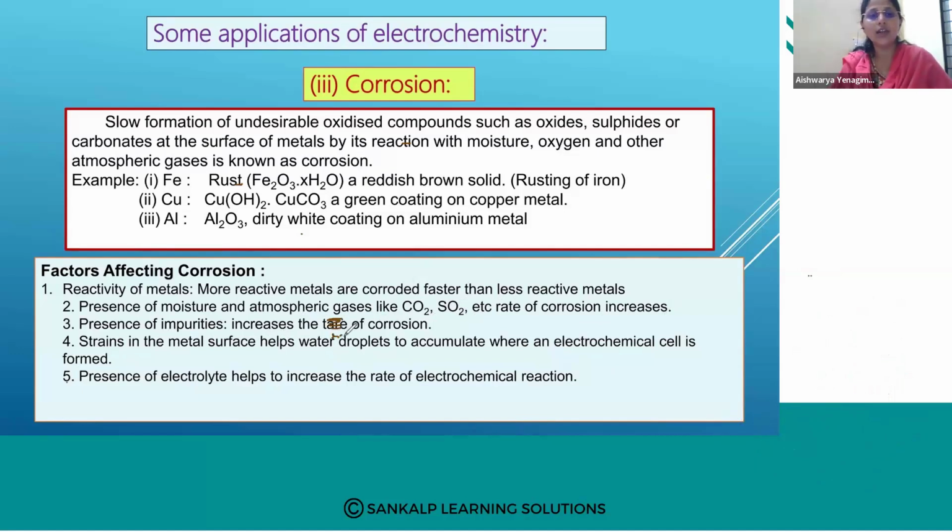Presence of impurities increases the rate of corrosion. Okay. Strains in the metal surface help water droplets to accumulate. If there are marks on a metal, water molecules go and get accumulated there, where an electrochemical cell gets formed. That is also a factor. Presence of electrolyte helps to increase the rate of electrochemical reaction. Yes, so these are the factors affecting corrosion.